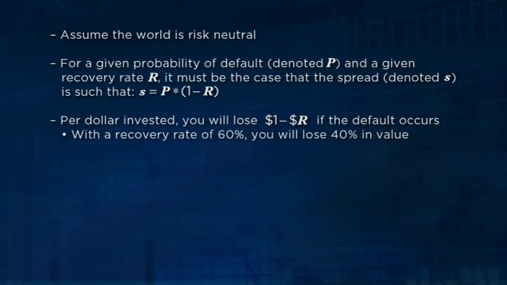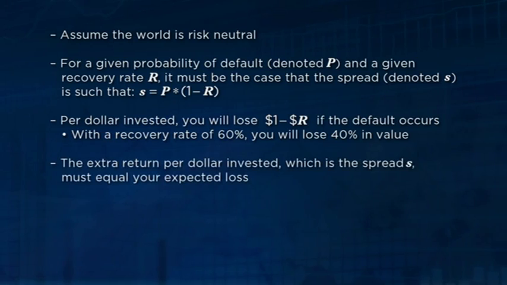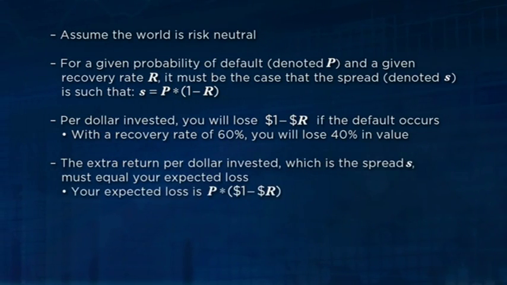For example, if the recovery rate is 60%, you're going to lose 40% in value. The extra return per dollar invested, which is the spread S, must equal your expected loss. Your expected loss is simply the probability of default times the loss when you're in default, plus the probability of no default times no loss. So it's just P times 1 minus R.